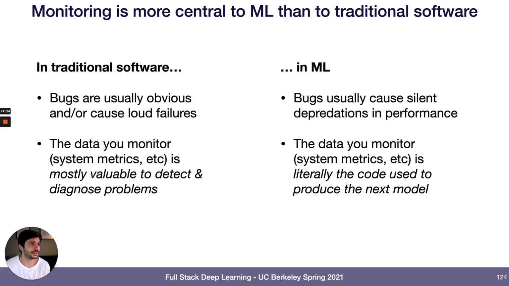And on top of that, the data that we're talking about monitoring here, not system metrics, but things like model inputs, is quite literally the code that you're going to use to produce the next version of your model. The data that goes into the model, the predictions that come out, the labels, that's your training data for when you retrain your model. So in some sense, it feels like this system has to be more important to the model building and maintenance process.